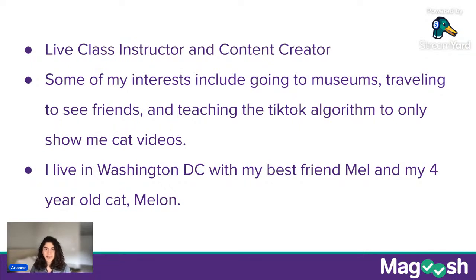Well, I made it my goal that when I go to the For You page and scroll, all the things that I can see are cats, funny or cute cats. I currently live in Washington, D.C. with my best friend Melanie and my 4-year-old cat Melon, who, if maybe it's a little bit blurred, is sleeping right here. So if you see her moving, I hope that's not too distracting. If not, just quickly acknowledge her, say hi, and then we can continue with our lesson.